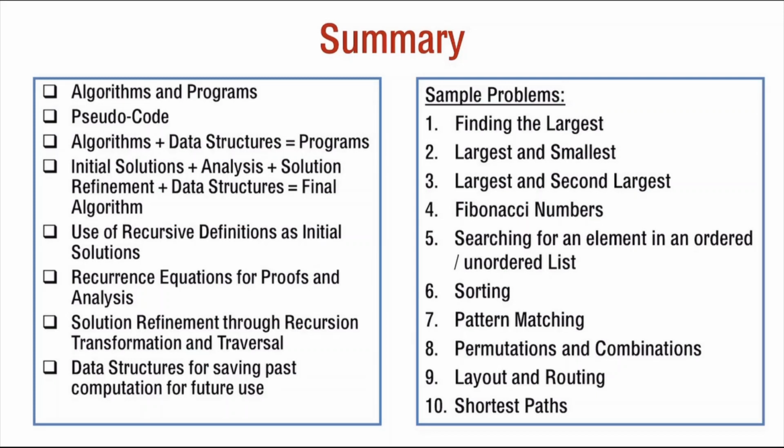We shall continue our discussion on more examples in the subsequent lectures of this part of algorithm design's initial examples, where we will look at recursive definitions and the ways in which we can transform these recursive definitions.